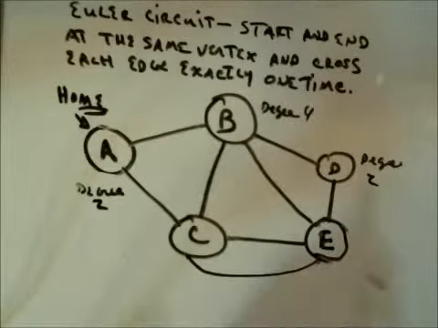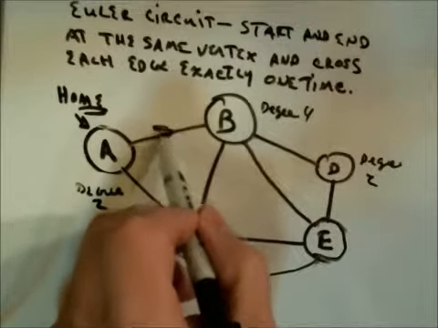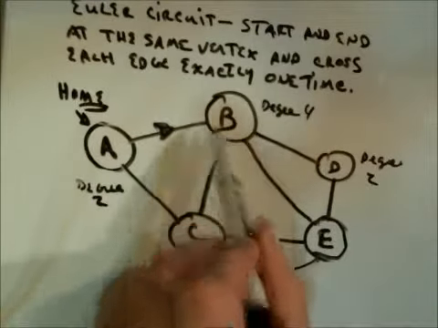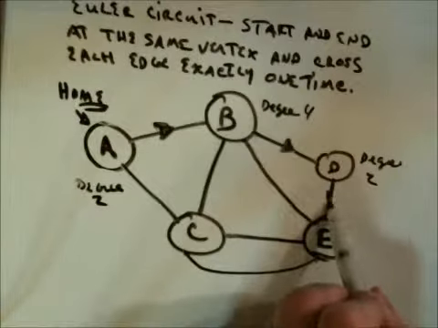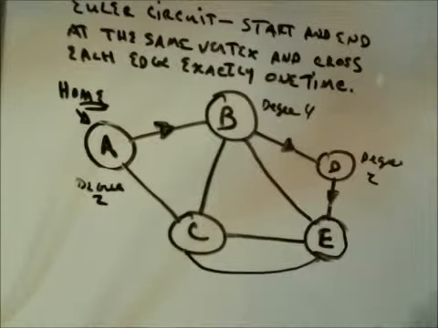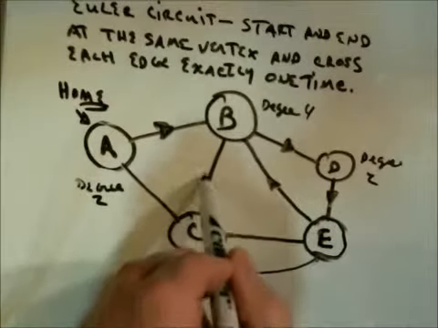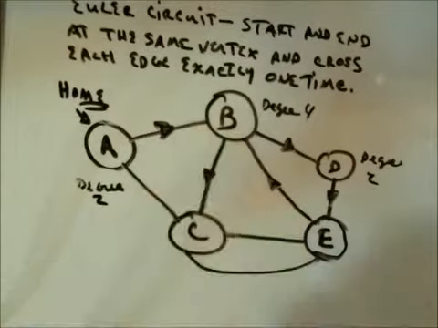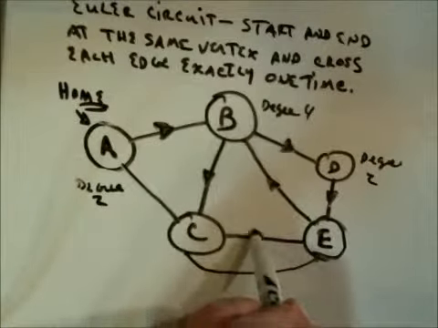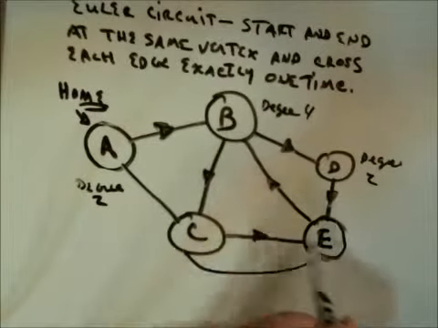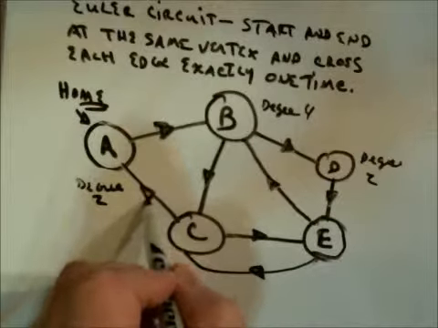And let me just show you how you might do that. Right? So if I were to go this way first, cross that one, deliver my mail, go down here, deliver my mail there, go from this intersection to this intersection, deliver my mail, go back up along this street to B, back down this street to C, across from C over to E, then back from E to C, we deliver the mail, and then we go back to our starting spot.